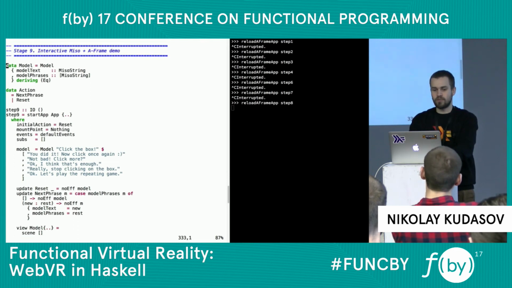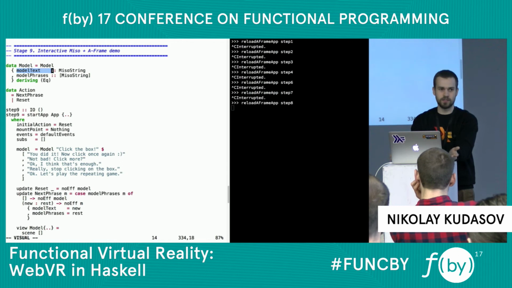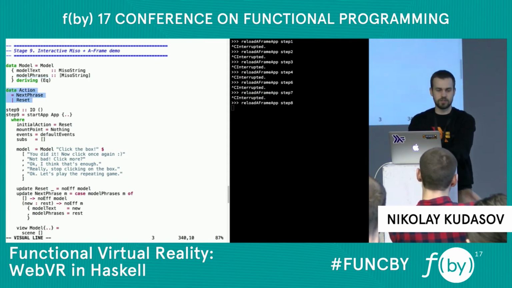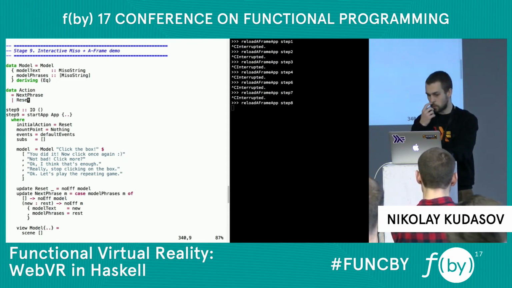So we want to have a model where we have a current text displayed and a list of available phrases to change to. And we have 2 actions: next phrase, switch to next phrase, and reset. Reset we will call when the app has loaded, and next phrase we will call when the box is pressed, is clicked.